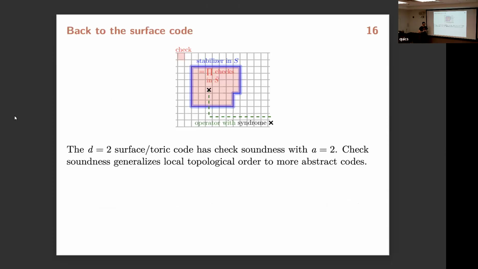Just to emphasize that check soundness isn't so strange, if we go back to the surface code, in my view this is maybe a more elementary way of explaining the stability of the surface code.